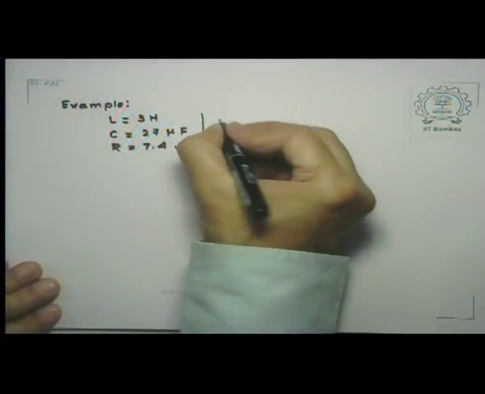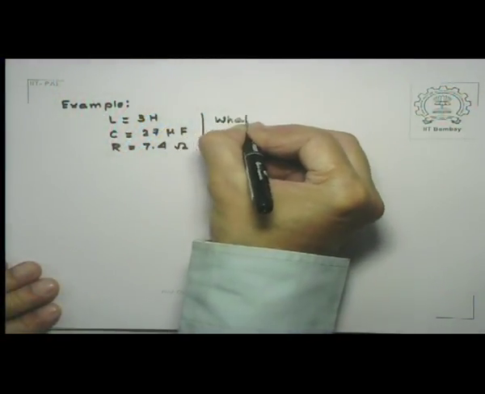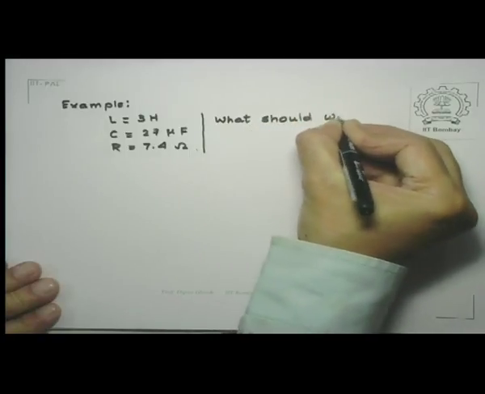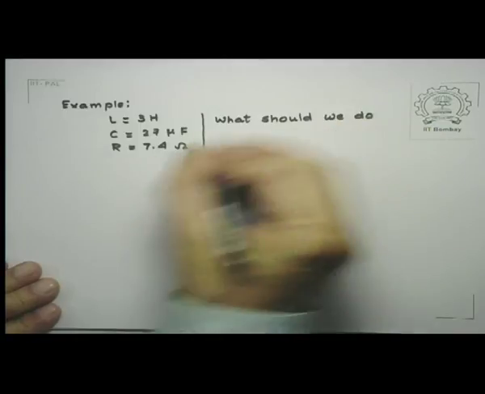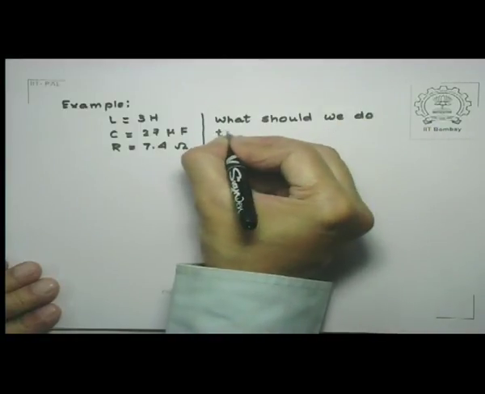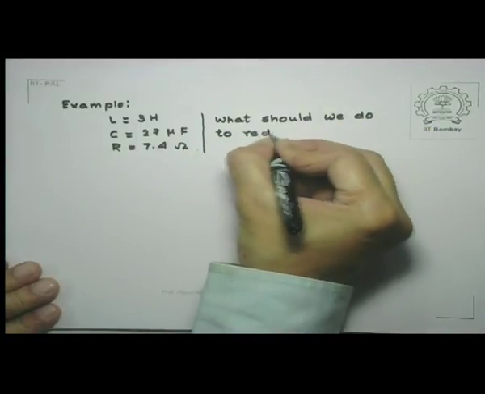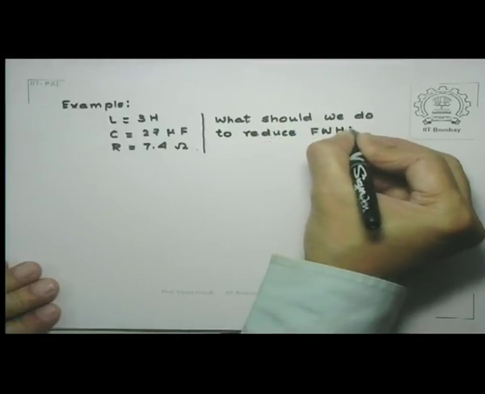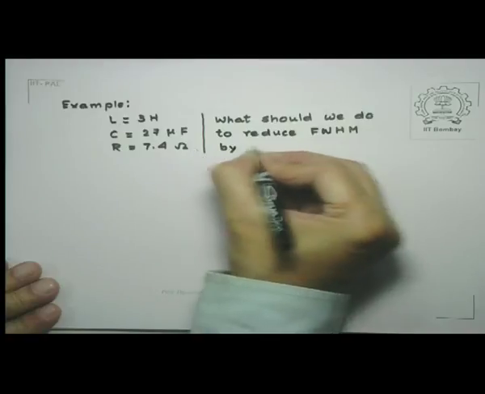So the question is, what should we do to reduce FWHM by a factor of 2?